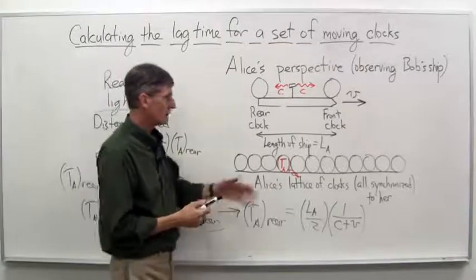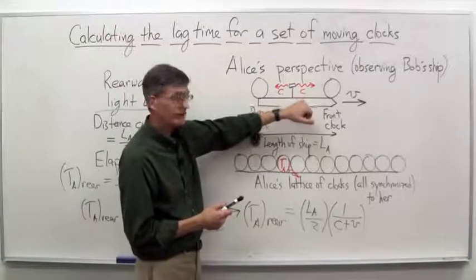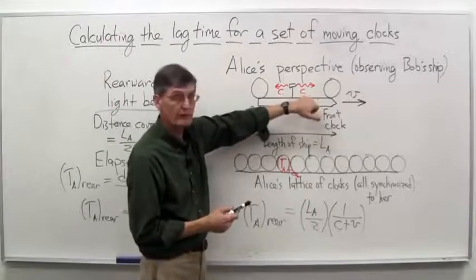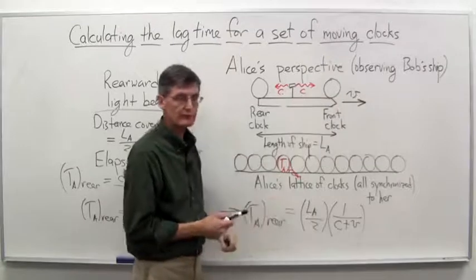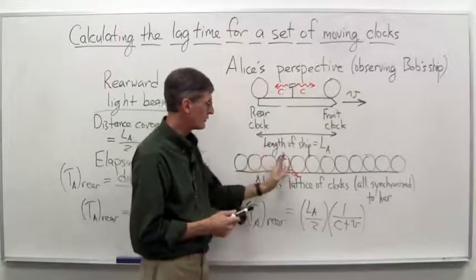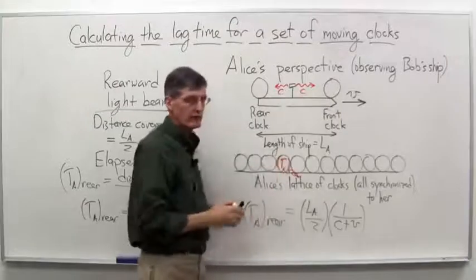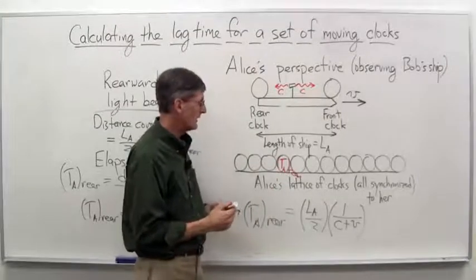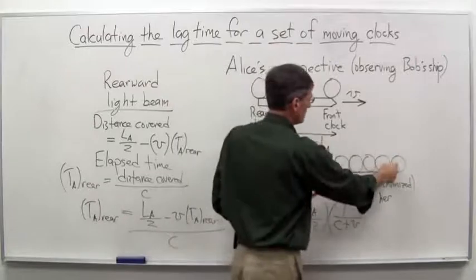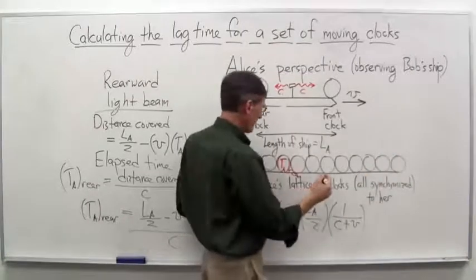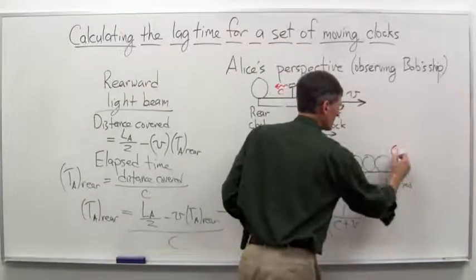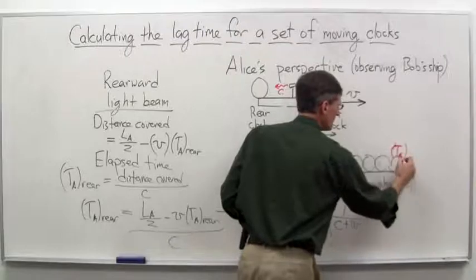And then, of course, as we've been arguing qualitatively, she has to wait a little bit longer for the frontward going light beam to hit Bob's front clock. And so maybe that occurs a little bit later in terms of her lattice of all synchronized clocks here. That occurs at, we'll call that T sub A front.